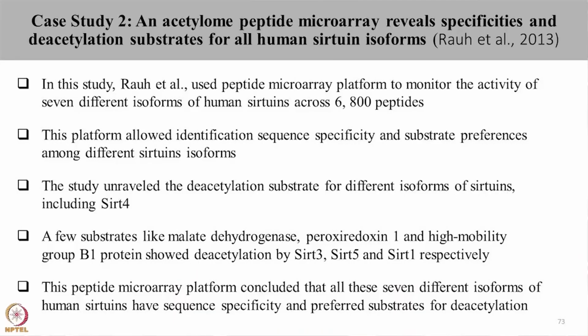Further, they confirmed that malate dehydrogenase protein is one of the targets of SIRT3, and peroxiredoxin 1, peroxiredoxin 3 and mitochondrial protein HSP60 are targets for SIRT5. This peptide microarray platform concluded that all these different 7 isoforms of human SIRTs have a sequence specificity and preferred substrate for deacetylation.